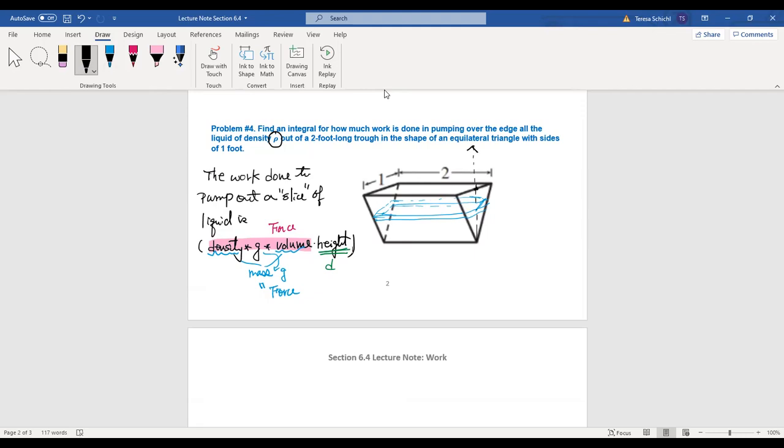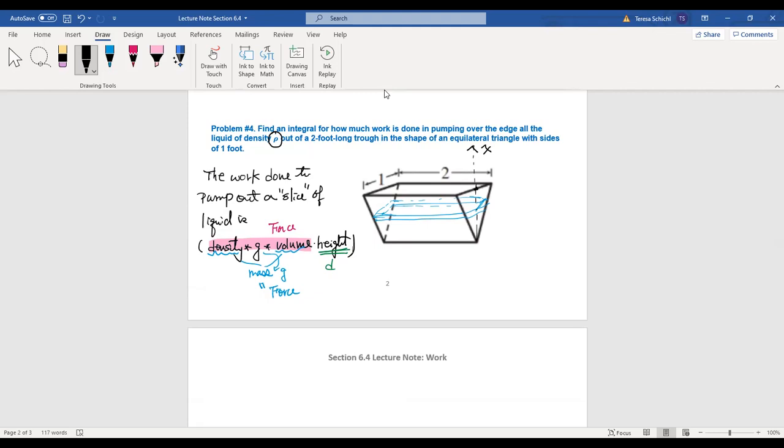If I say this is my x-axis, now let's take a look at the height raised.